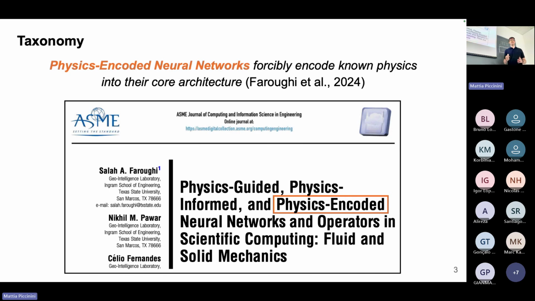Citing the survey paper by Faroughi, he says basically we can call them physics encoded neural networks when they forcibly encode physics into their core architecture. It's a very clear definition: when they act on the architecture, then it's physics encoded.